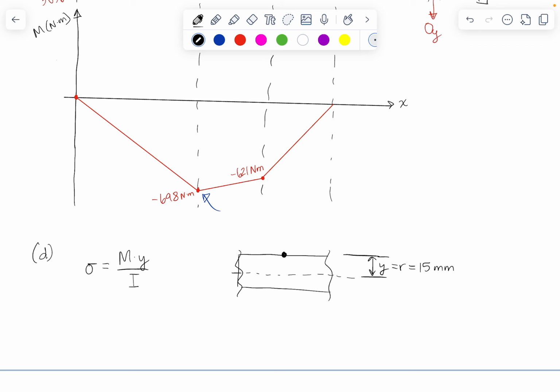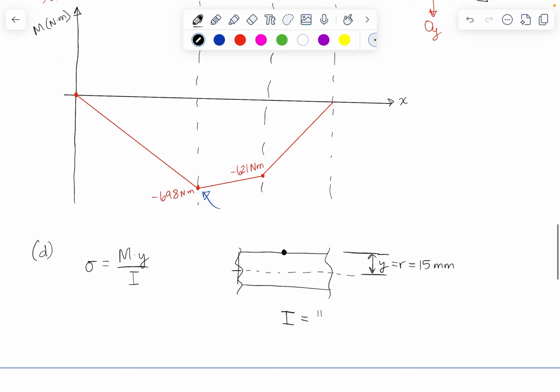And the other thing we need here is that the area moment of inertia for a solid circular rod is going to be equal to pi times r to the 4th power over 4. And you can find this in lookup tables in the back of the Shigley textbook.